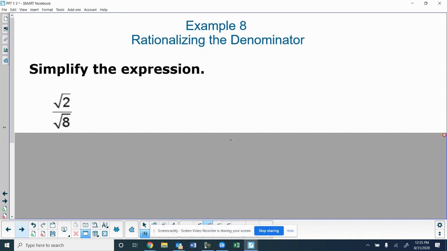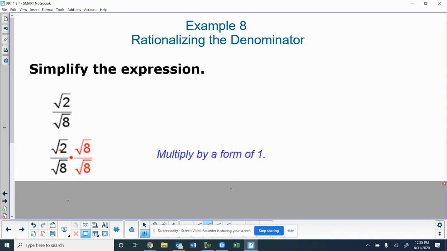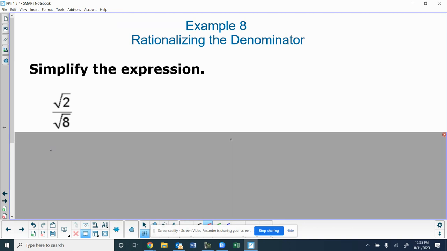This one, I would not do that. Here's what the book does, and that's wasting time. Okay? Why is that wasting time? What do you know about these two numbers? They're both under the radical sign. Can you simplify 2/8 to what? 1/4. What's nice about those? They're both perfect squares, aren't they?